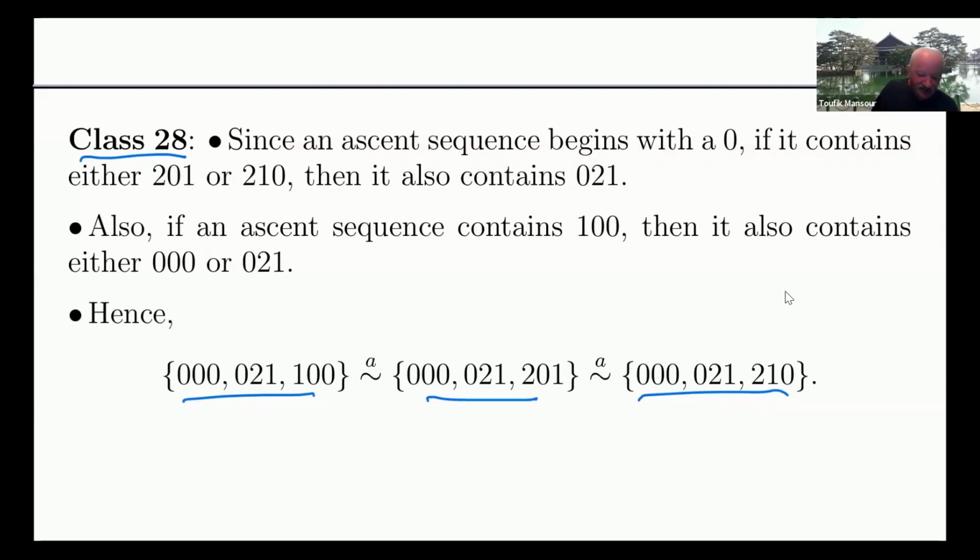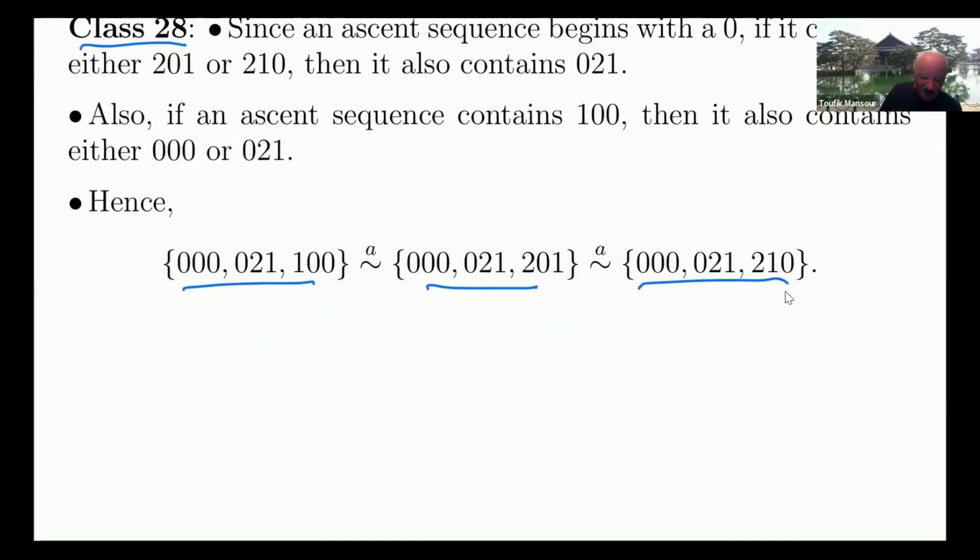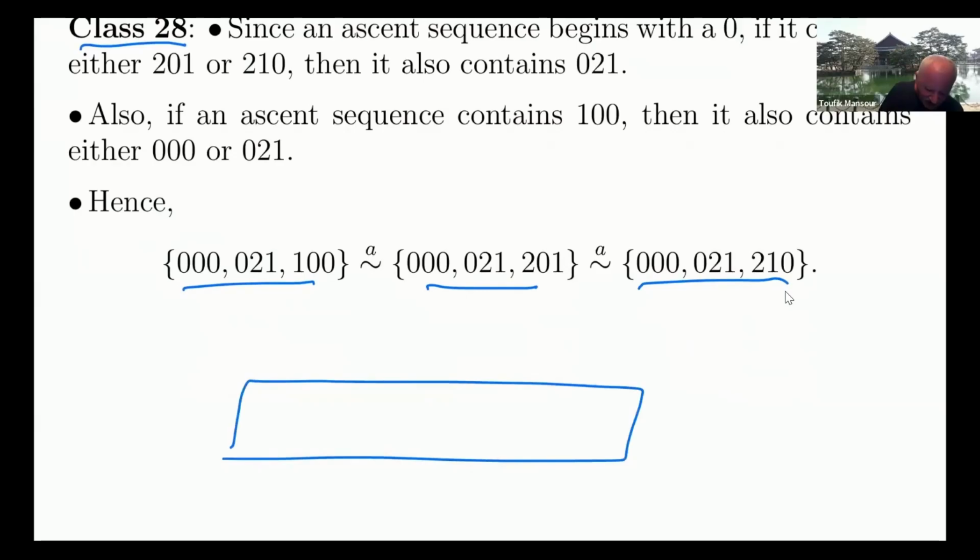So since an ascent sequence begins with 0, if it contains either 201 or 210, then it contains 021. Well, let me explain this. Here it is, an ascent sequence. This ascent sequence starts with 0, and here 201, because here 0, 0, 2, 1.